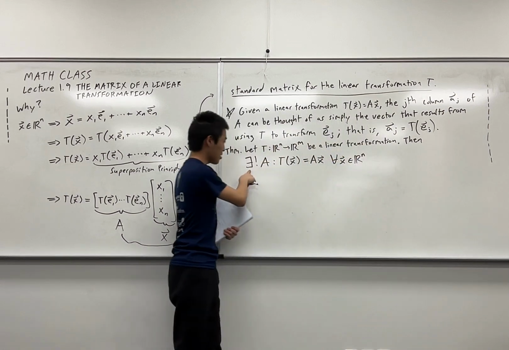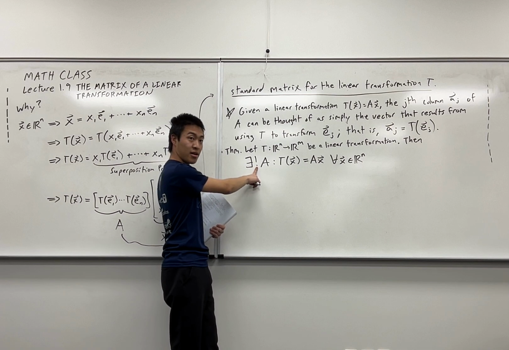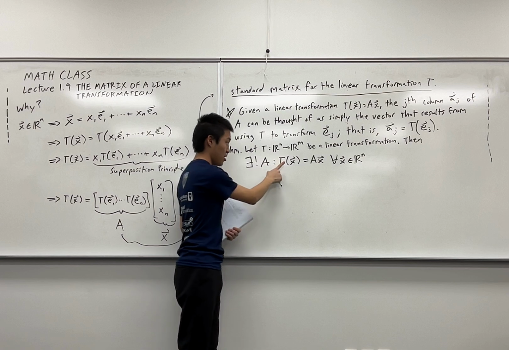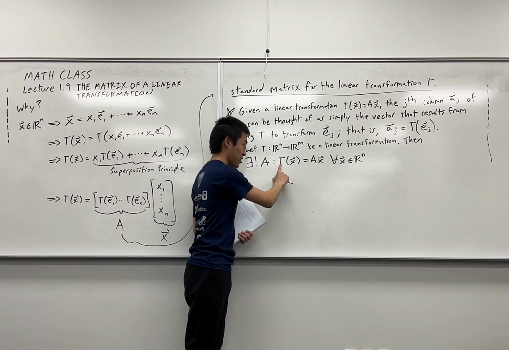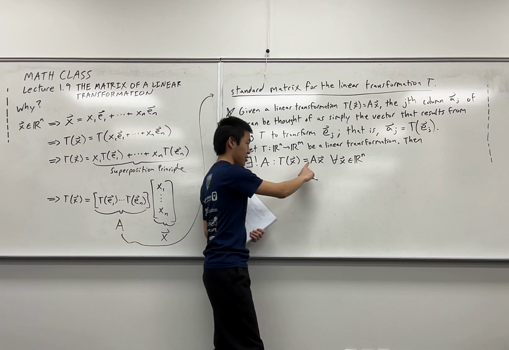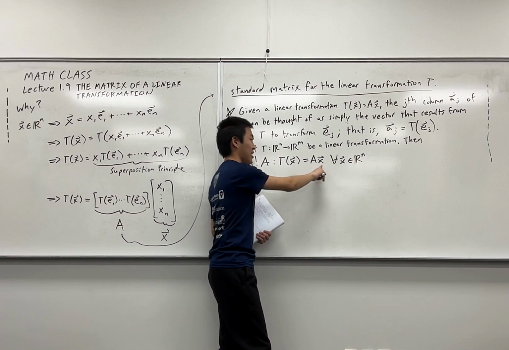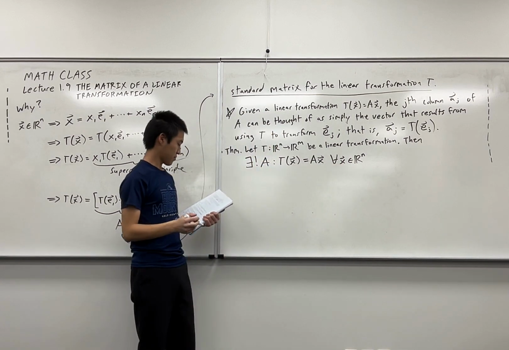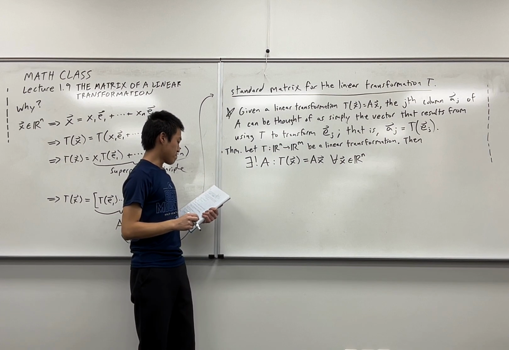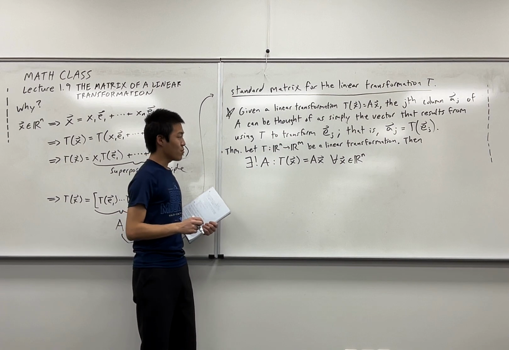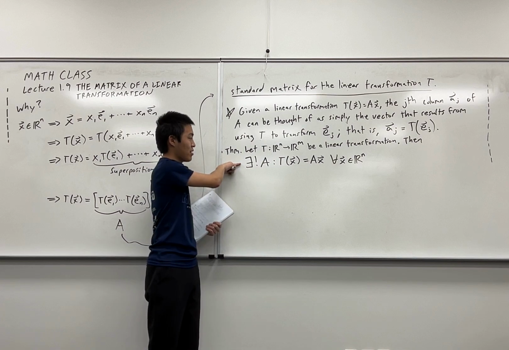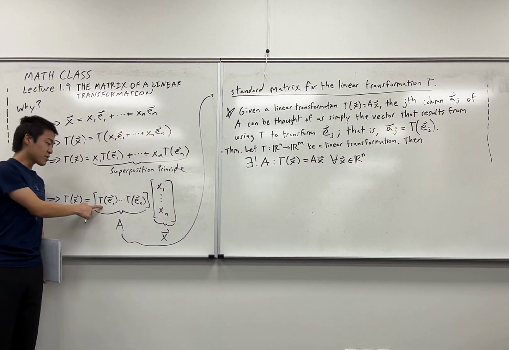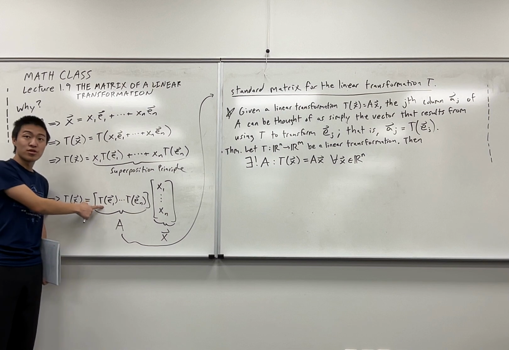Oh yes, there exists a unique matrix A such that T of x, my transformation of vector x, can be written as Ax for any of the vectors x I choose in Rn. What is this line of math really trying to communicate? What it's trying to communicate is that there is going to be only one of these per linear transformation.